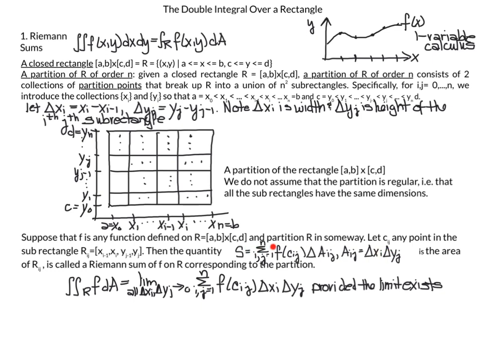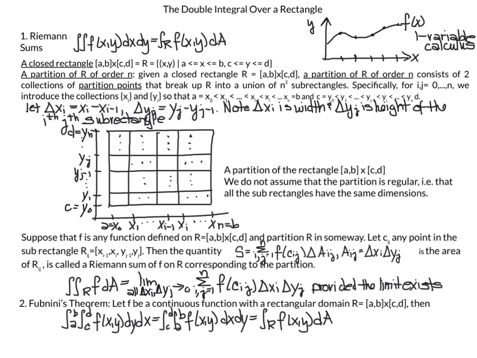This is the sum, my Riemann sum, and then if I take the limit as delta x sub i and delta y sub j, as these partitions get smaller and smaller and approach 0, that's going to be my double integral.